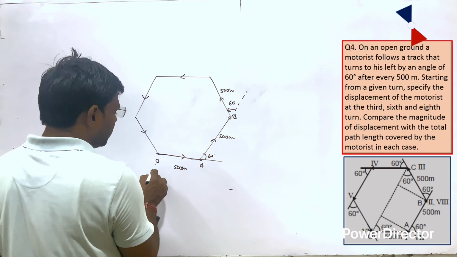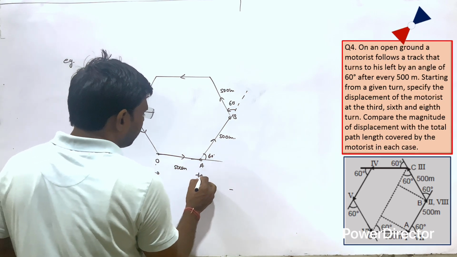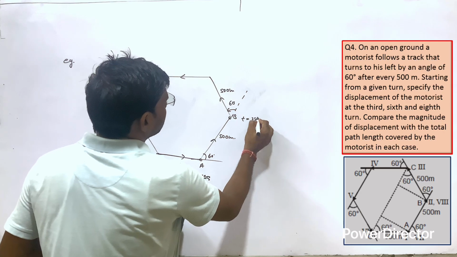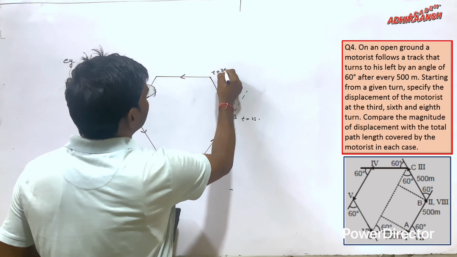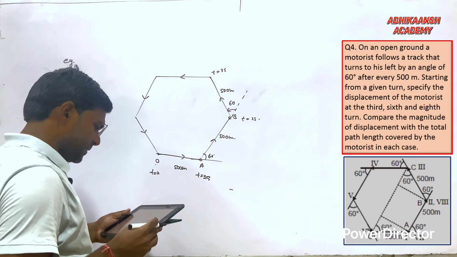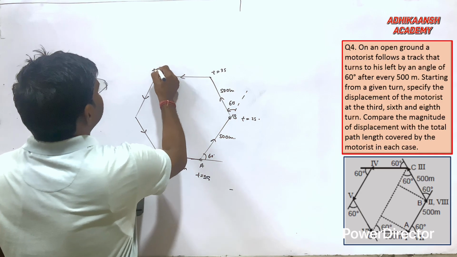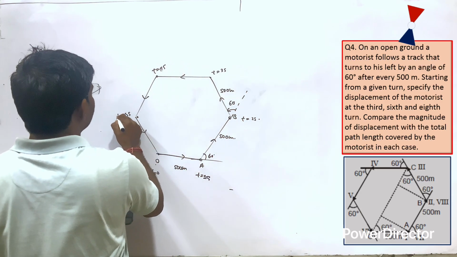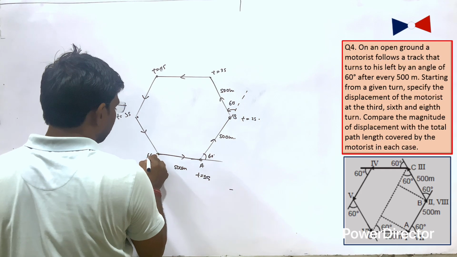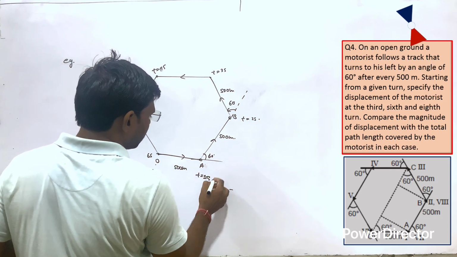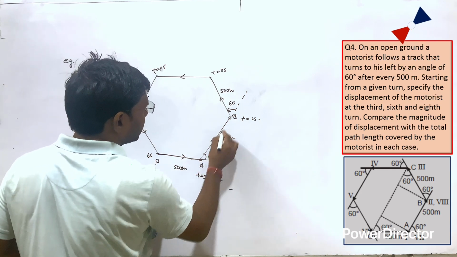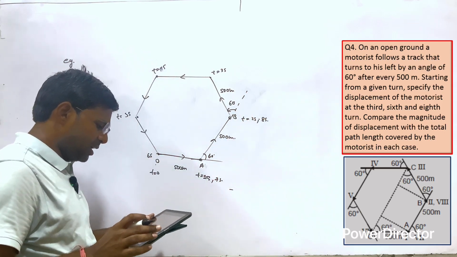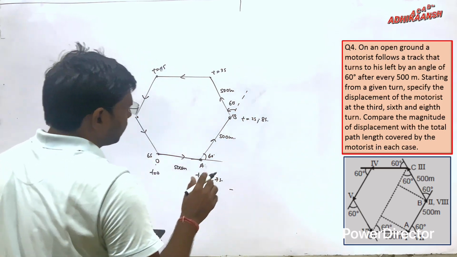If we start from t equal to 0 over here, the first second is over here, t equal to 2 seconds over here, and t equal to 3 seconds over here. 4 seconds over here, 5 seconds over here, and this is the 6th second. This is the 7th second, it comes to this point again, and this is the 8th second.